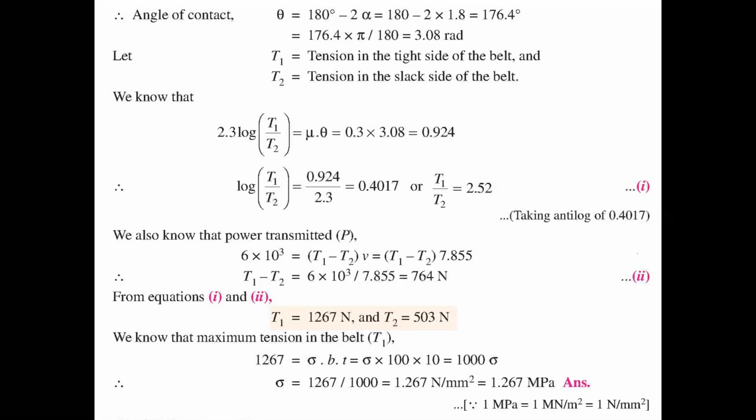We have the relation between T1 and T2, T1 by T2 equals 2.52. When we substitute this relation in equation number 2, we get T1 and T2. T1 is 1267 and T2 is 503. We know that the maximum tension in the belt, T1 equals 1267, equals sigma B T, sigma into 100 into 10.